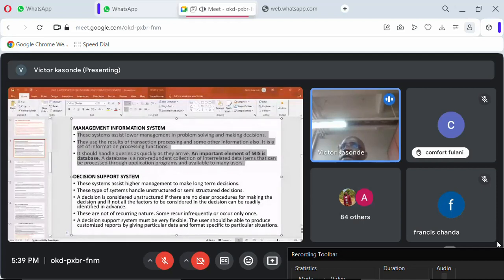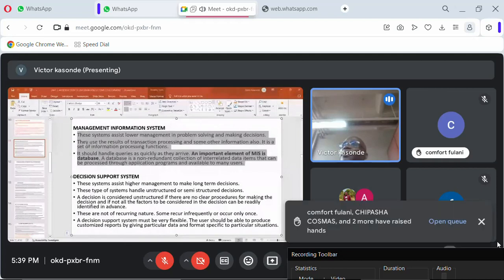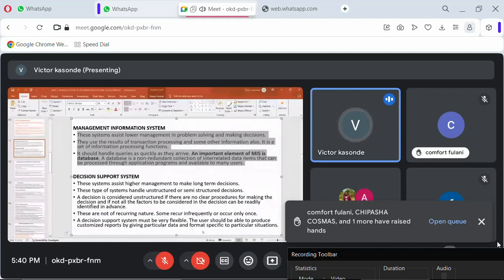If they want to extend the days of registration, the people in middle management will query the system. They will ask the system, how many have registered?